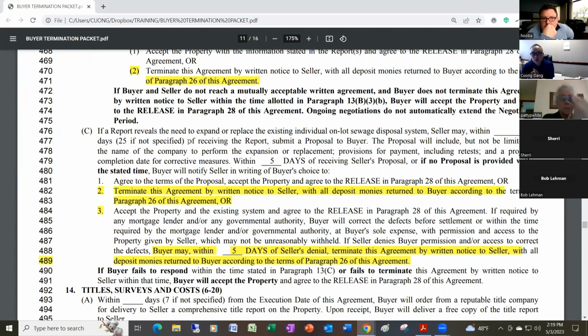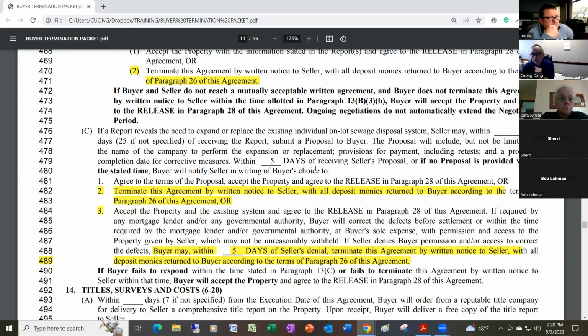Within 25 days of receiving the report, submit a proposal to buyer. The proposal will include, but not be limited to, the name of the company to perform the expansion or replacement, provisions for payment, so who's paying for it, including retests and a projected completion date for corrective measures. So the seller hands the buyer the proposal, okay?